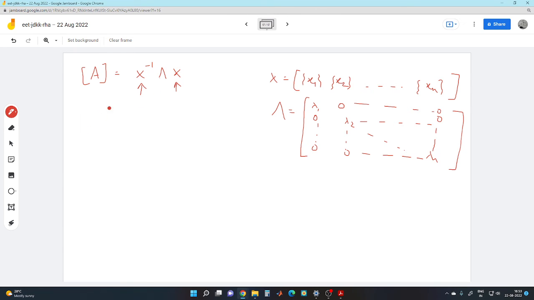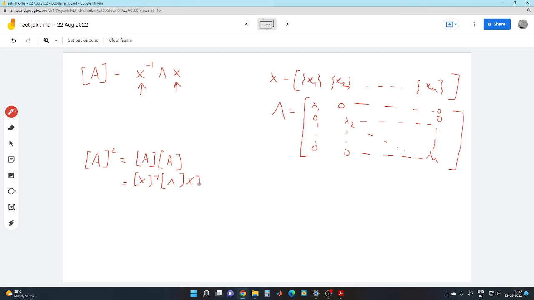If we use this form, we can calculate A square, such that A is multiplied by A. So A can be expressed as X inverse lambda X.